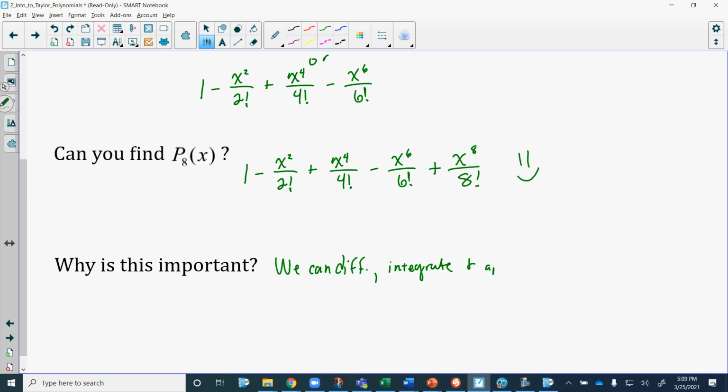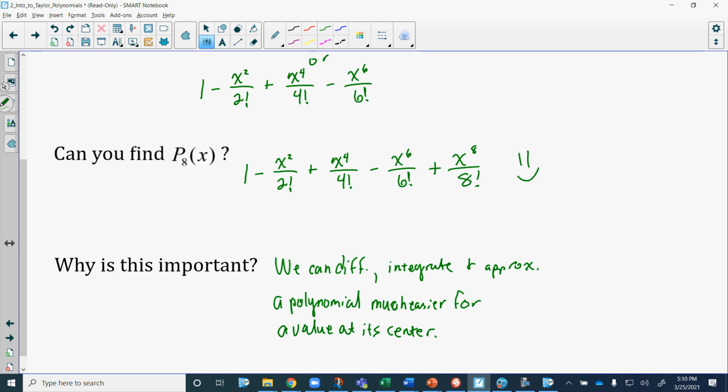And approximate a polynomial much easier for a value at its center.